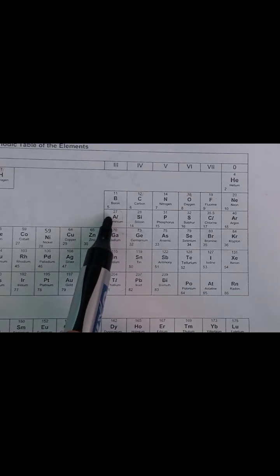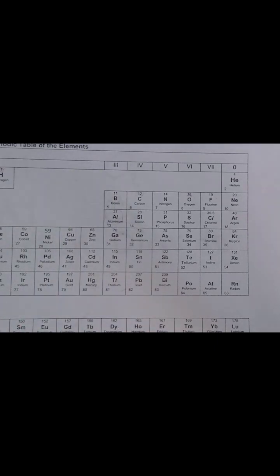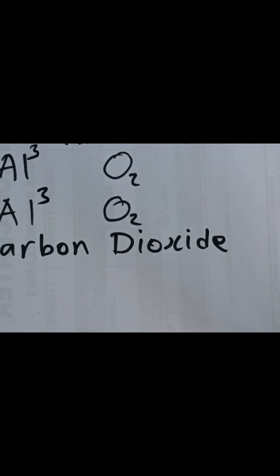So the group number, or the number of electrons in the outermost shell of a metal, is simply equal to its valence number. So the valence number of aluminium is 3. I'll put a 3 there. That is the valence number of aluminium.